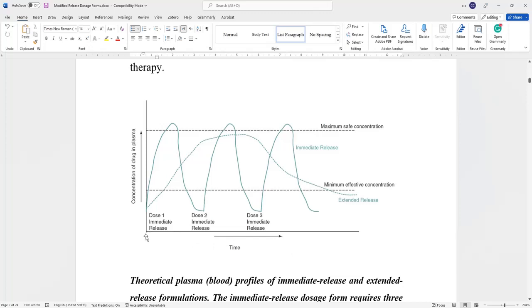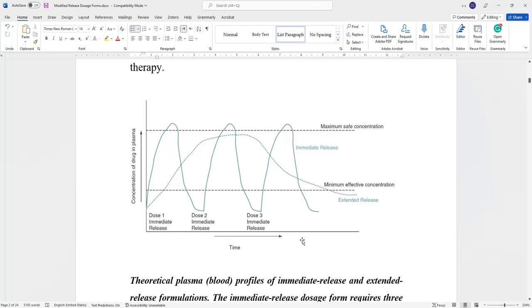This is 0 time, like for example you are taking it right now, you're starting with the drug. And every certain period you are taking the drug, as you see here. So you are taking your first dose here at 0 time, maybe after 8 hours you are taking your second dose, and another 8 hours you are taking your third dose, and so on.